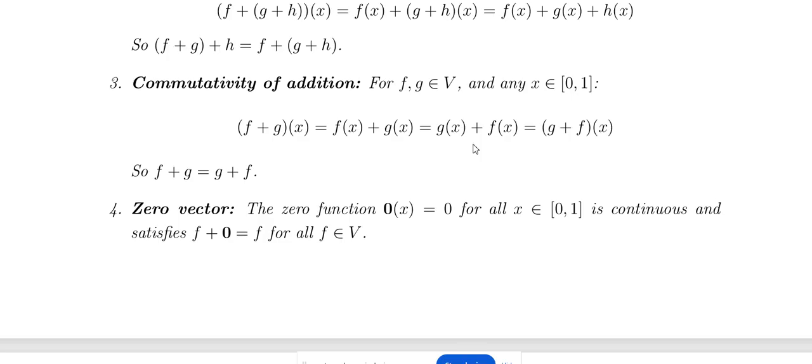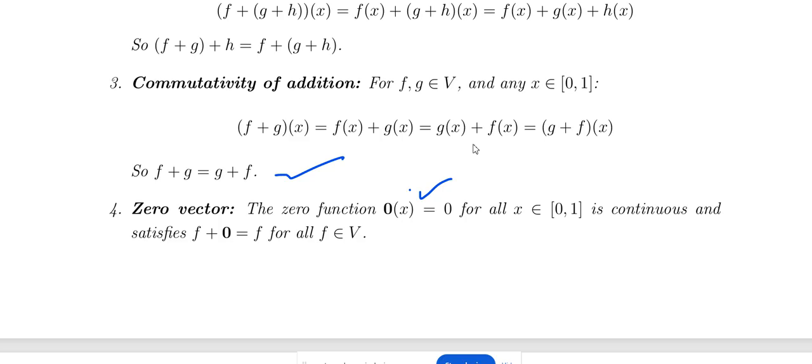So f plus g of x is f of x plus g of x, which is g of x plus f of x. And the zero vector is the zero function on 0, 1. The zero function is a continuous function, f of x equal to 0, and f plus 0 is equal to f always.